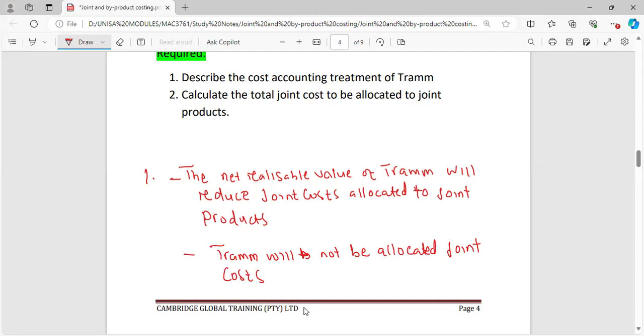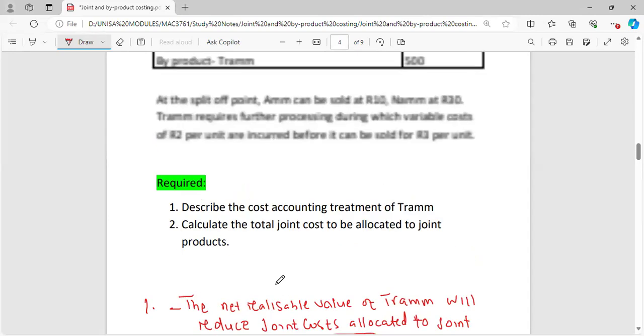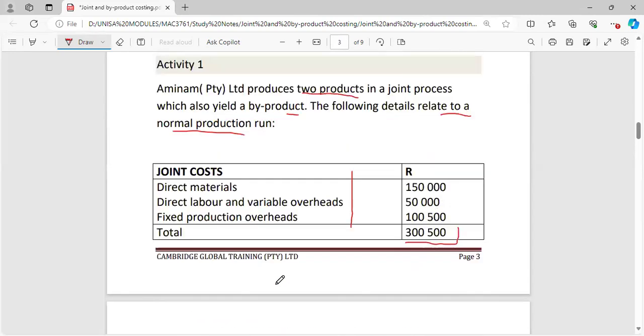So when we have a byproduct like tram, it means the net realizable value will be used to reduce the joint cost allocated to the joint product. And also the treatment of tram is that we are not going to allocate joint cost to tram. Anyone who has anything to add there? I think that's all.